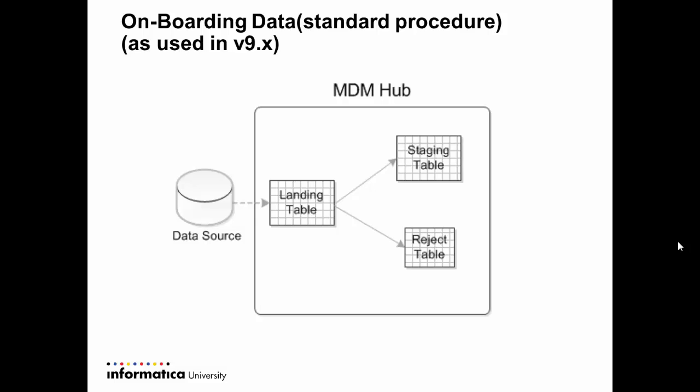You would then populate those landing tables. You would then, in the MDM Hub Console, create base objects with staging tables. You will then run those objects to move data from the landing to the staging tables. In the staging table, that is what would be called the cleansing phase or the staging phase. So nothing here should be new to you because remember the assumption is you have working knowledge of MDM. So this is the traditional way, and to repeat, it is still the way you can do it in MDM version 10.